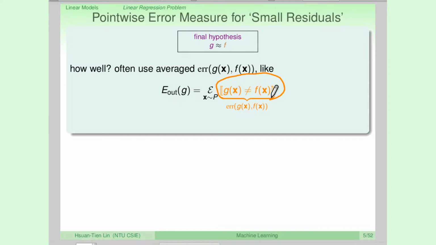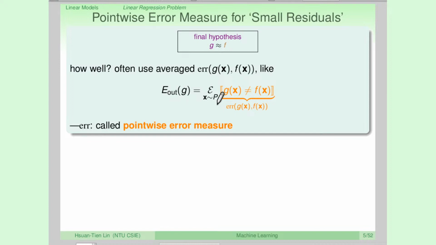And that can be generalized to an arbitrary function that we call ERR here. So this ERR basically takes two values: one, our prediction g, the other, our goal f of x, or the y, the label there, and tries to compute their difference. And the E out notation that we were familiar with is simply an average of this ERR over the distribution that we are considering.